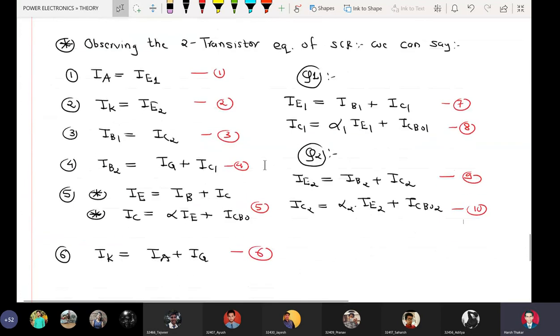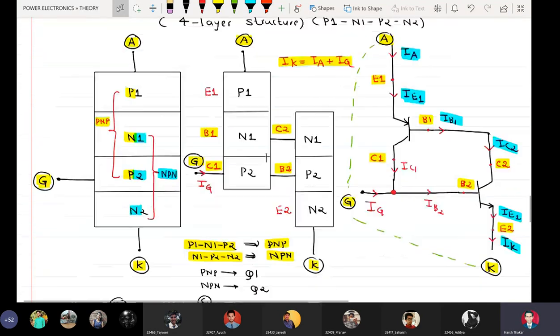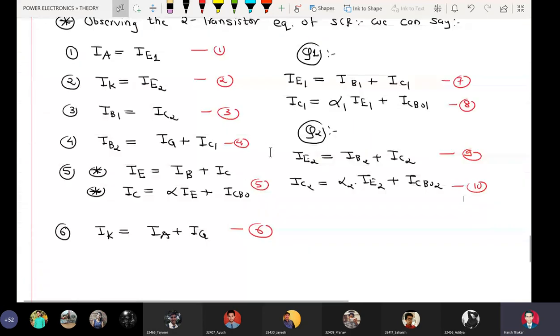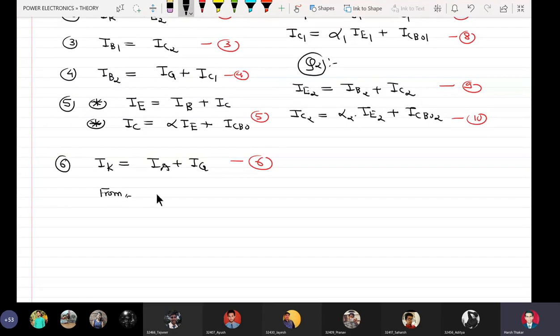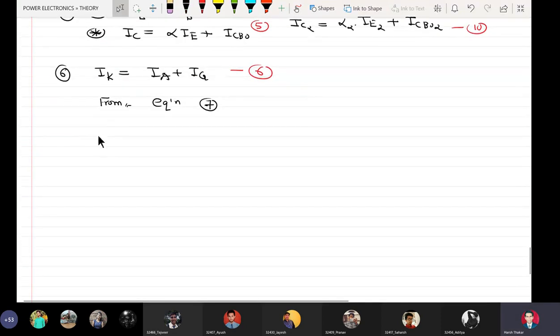So consider equation number 7, IE1 is IB1 plus IC1.